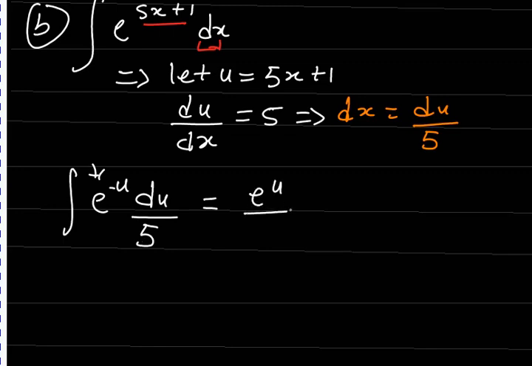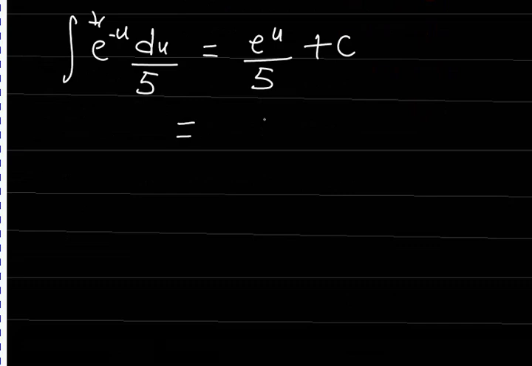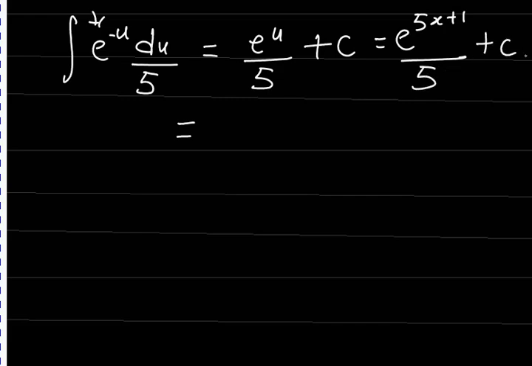This is a constant, it still remains. Alright, then don't forget to add the constant of integration. So finally, this is equal to the exponent of 5x plus 1 all over 5, then of course plus c.